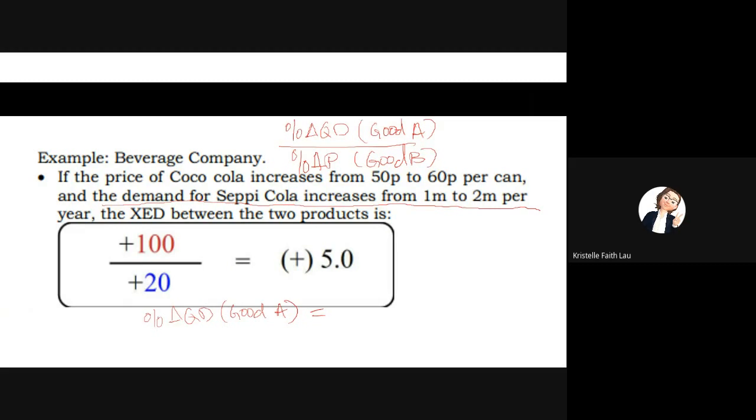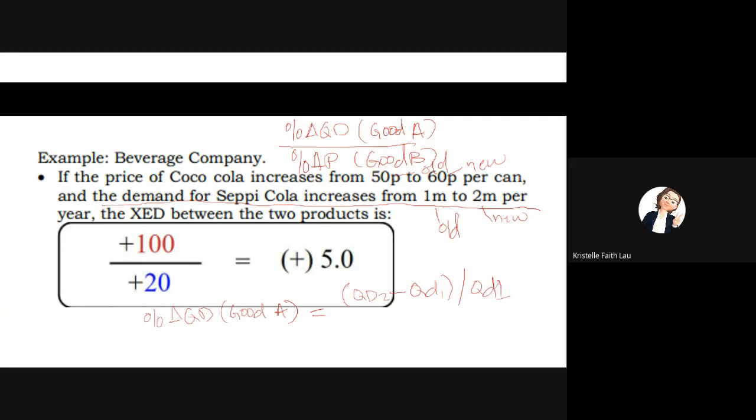So ang gagawin natin is QD2, the new, minus QD1, the old, i-divide natin siya sa QD1.